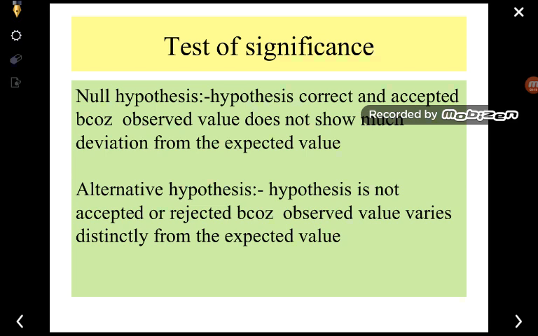And the next step is, there are two alternatives about accepting or rejecting a hypothesis. Once we have identified the hypothesis, there can be two options: one will be the null hypothesis and another will be the alternative hypothesis.